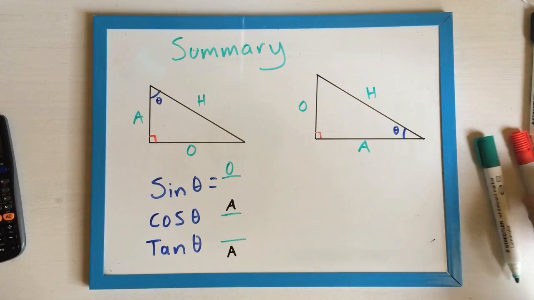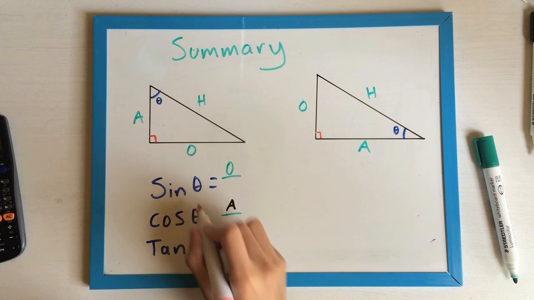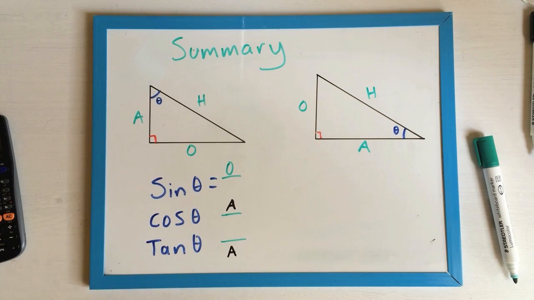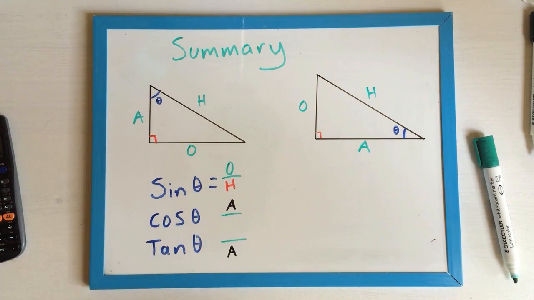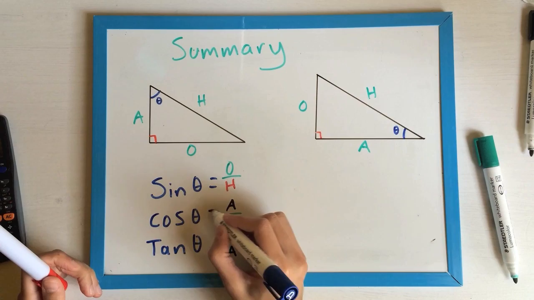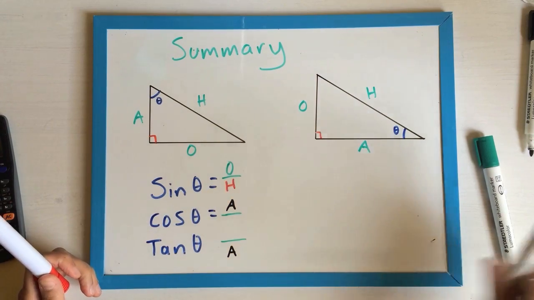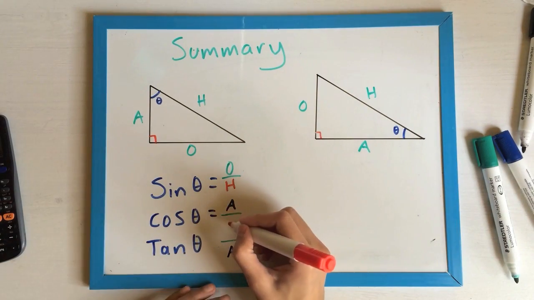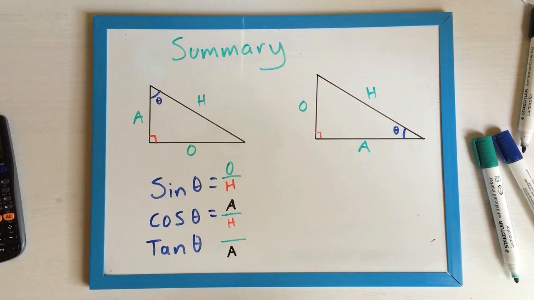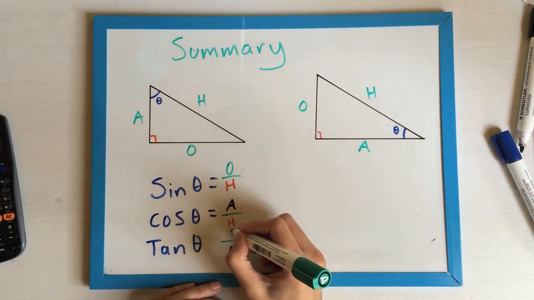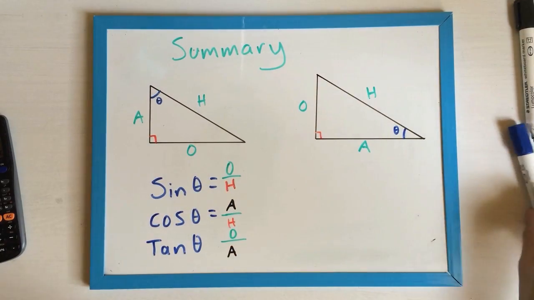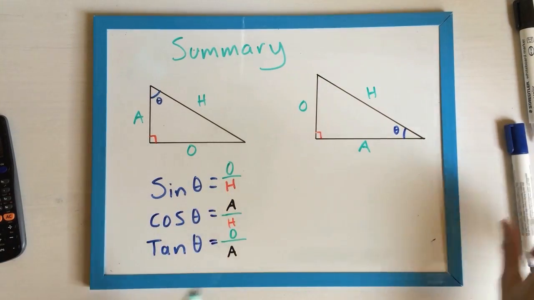Our sine theta is equal to opposite over hypotenuse. Our cos theta is equal to our adjacent over hypotenuse, and our tan theta is equal to our opposite over adjacent.